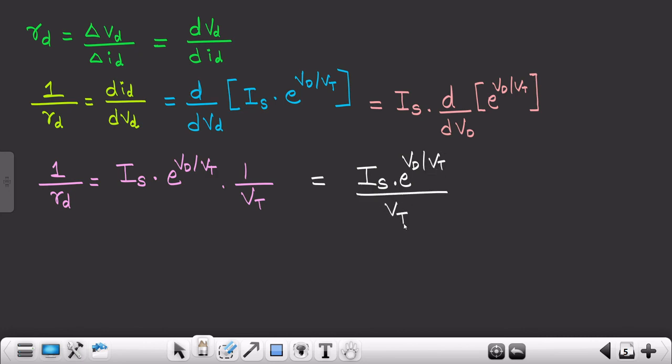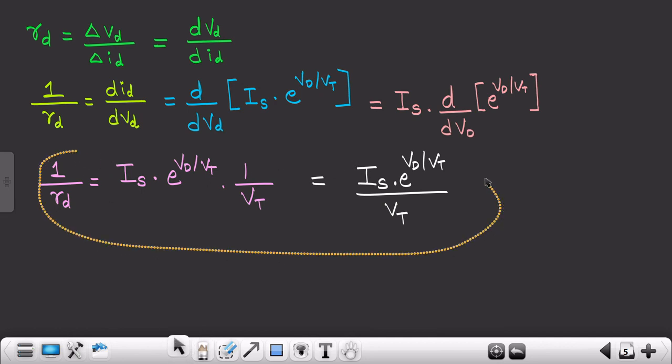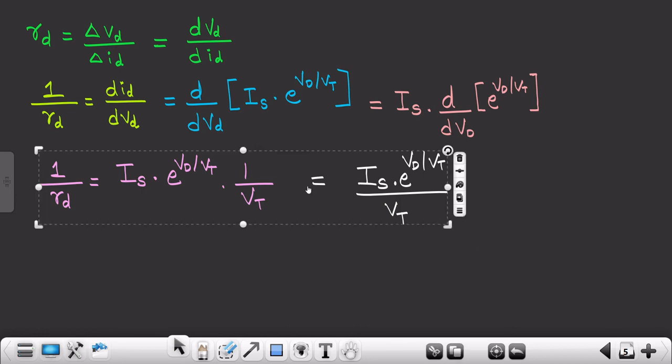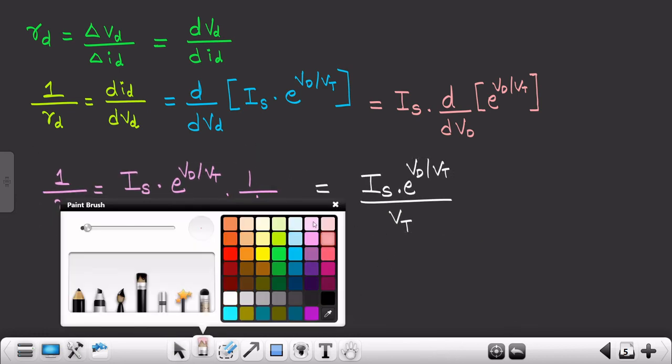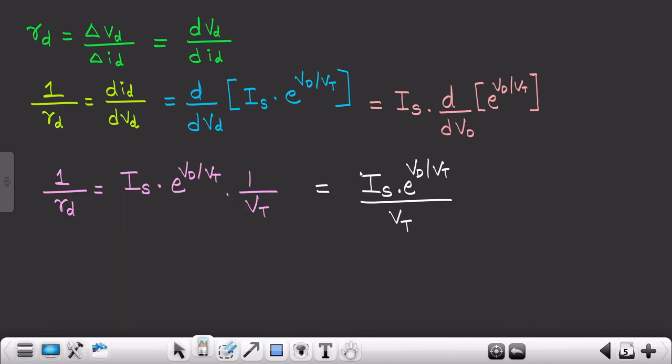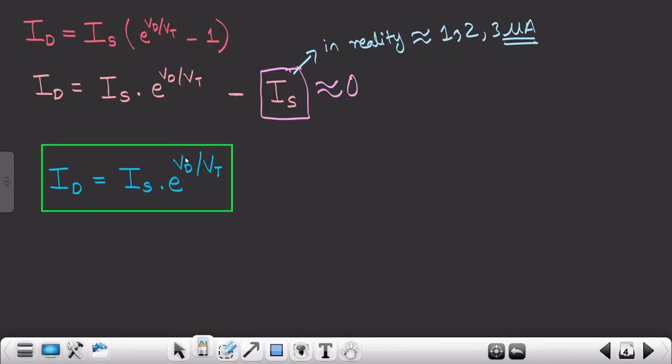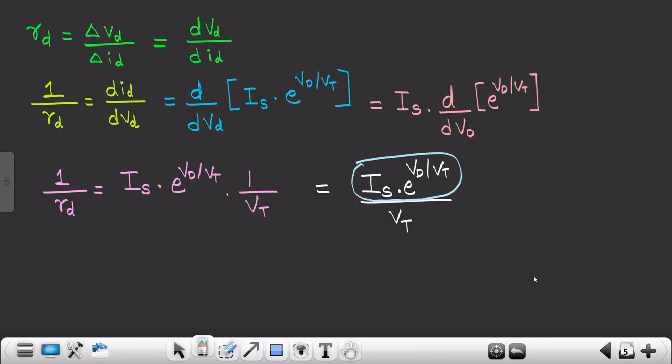Let me move this whole equation a little below. Now if you look at this equation very clearly, Is into e raised to vd by vt was equivalent to id. So I can substitute this value as id itself.